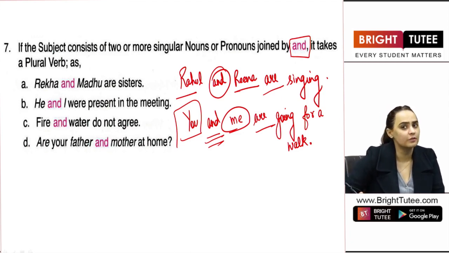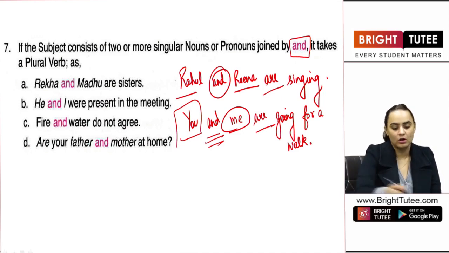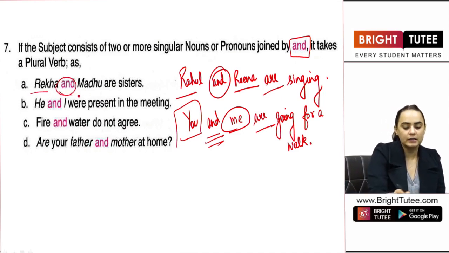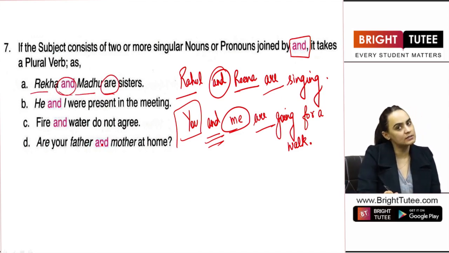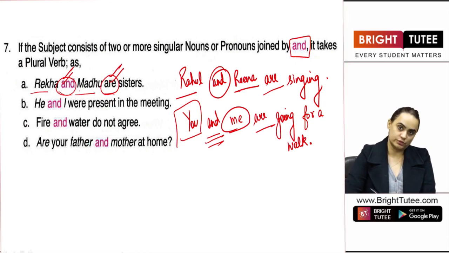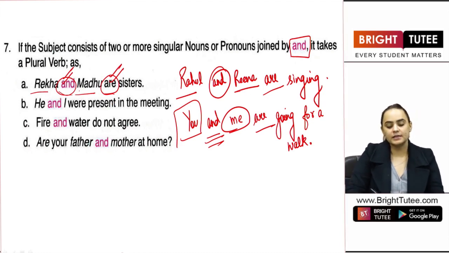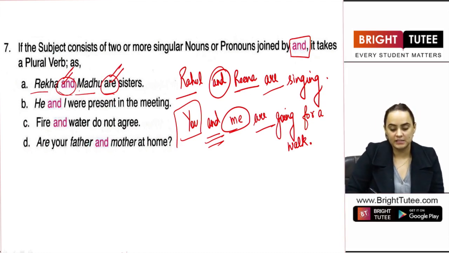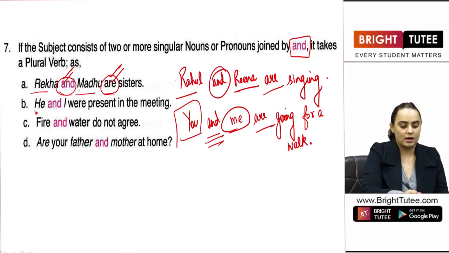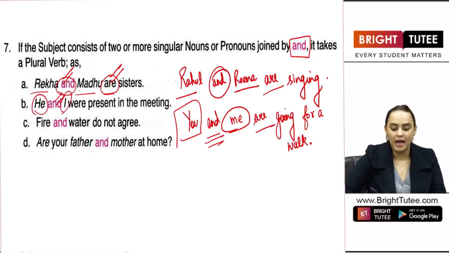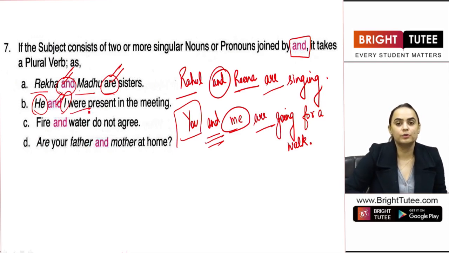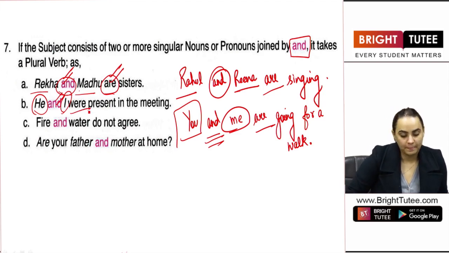Let us look at some of the examples given in your book. Rekha and Madhu are sisters. So, two singular nouns joined using "and," plural verb is used. He and I were present in the meeting. Again, two singular pronouns joined with the help of "and," a plural verb is used.